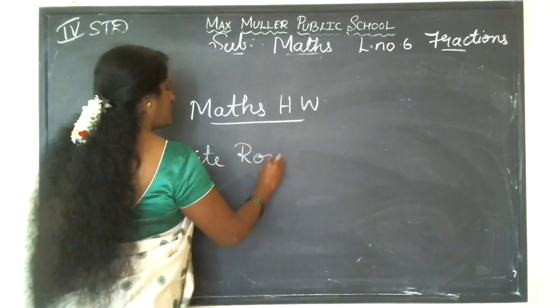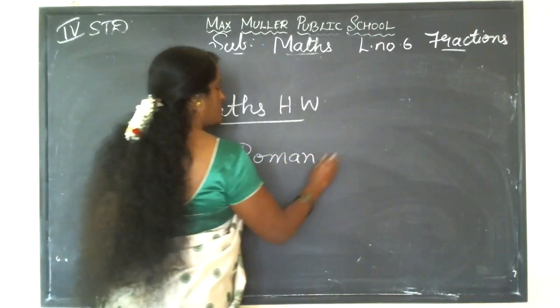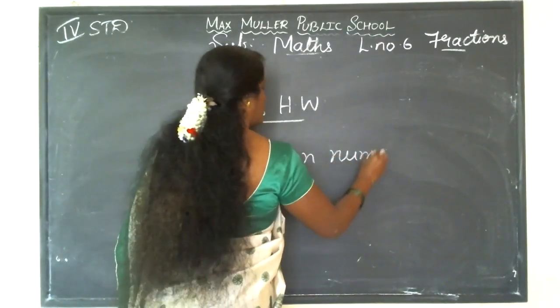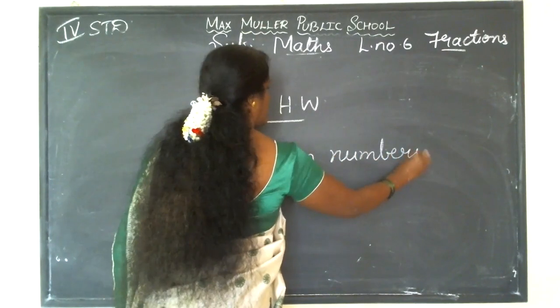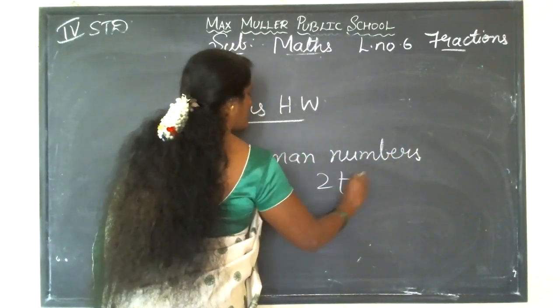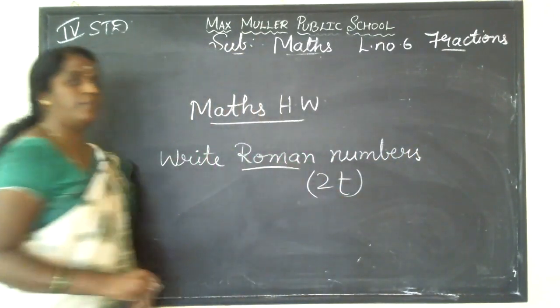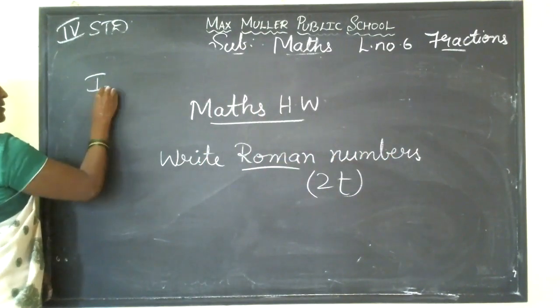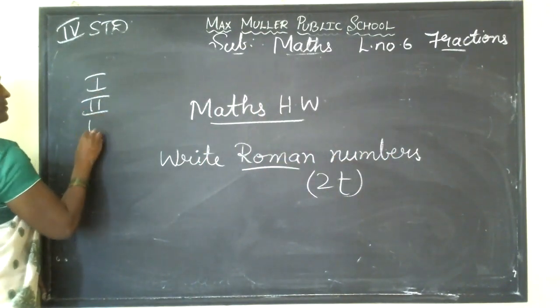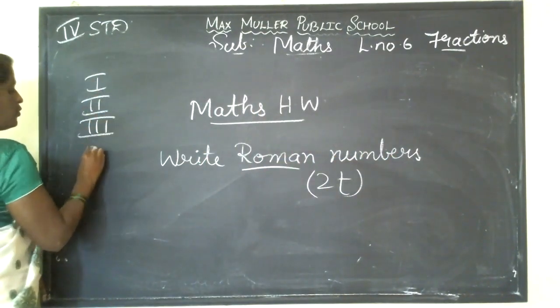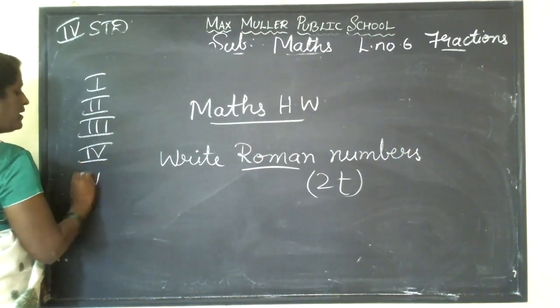Homework: write Roman numbers 2 times. You know what Roman numbers are? You write numbers 1, 2, 3, 4, 5.